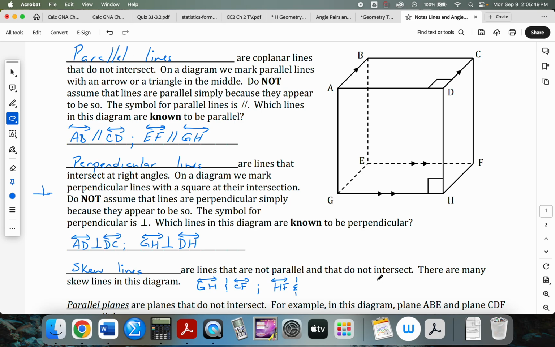There's a couple of lines that would be skew to HF. Can anyone give me one? BE, yes, absolutely. Good job. Those two lines don't intersect, but they're not parallel either. They are skew lines.